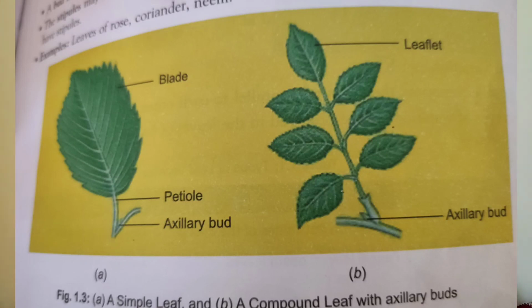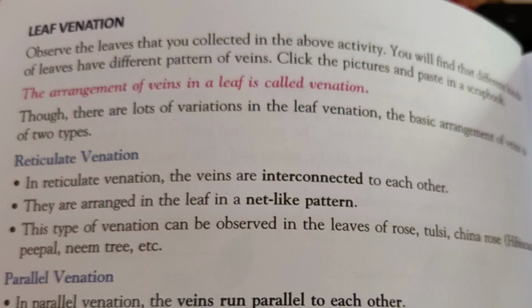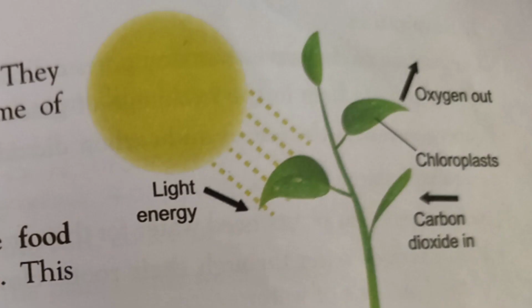Then we have learned what is leaf venation, that is, the arrangement of veins in a leaf is called leaf venation. Then we have learned the functions of leaves, and the first function is to manufacture food, number 2 is respiration, number 3 is transpiration.